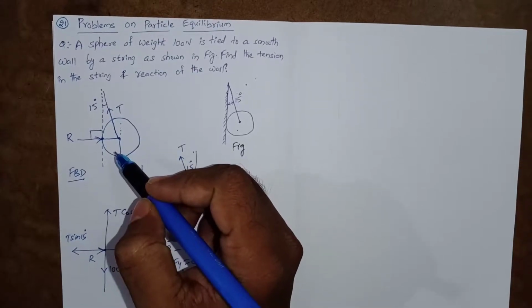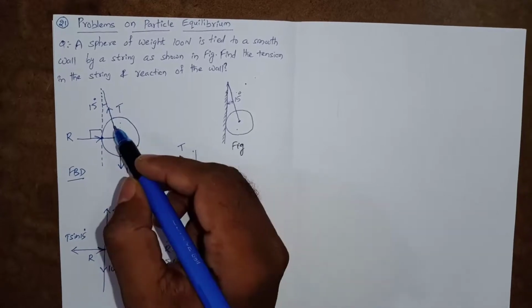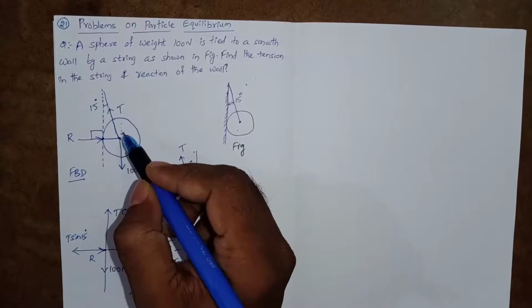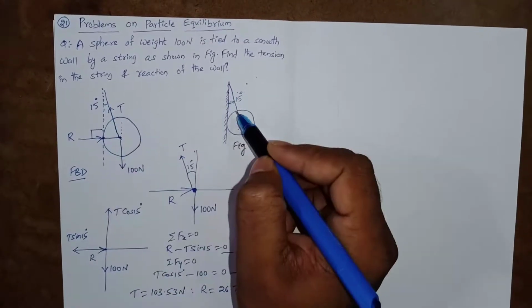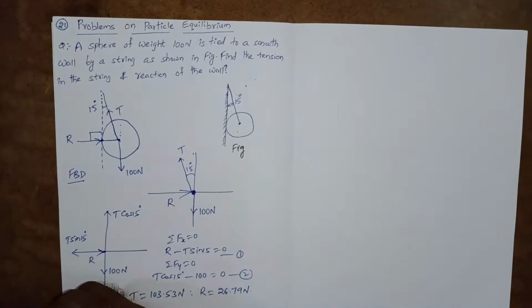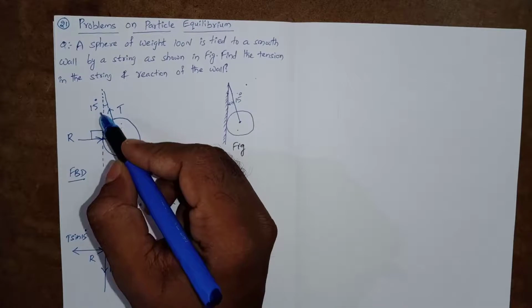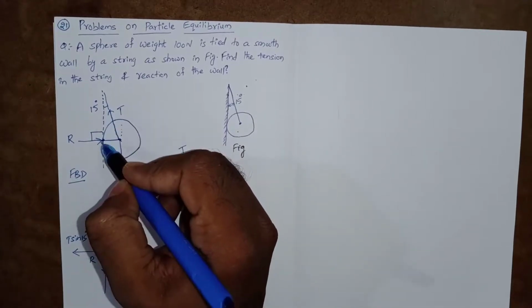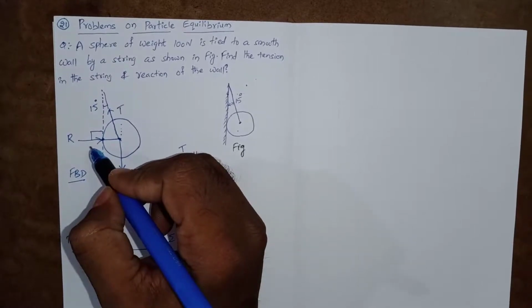Now here we are interested in the sphere. That implies we are going to draw the free body diagram for this sphere. This sphere is in contact with this vertical wall and also with this string. Now remove this vertical wall and show the reactions exerted by this vertical wall on the sphere. In this case there exists only the normal reaction.